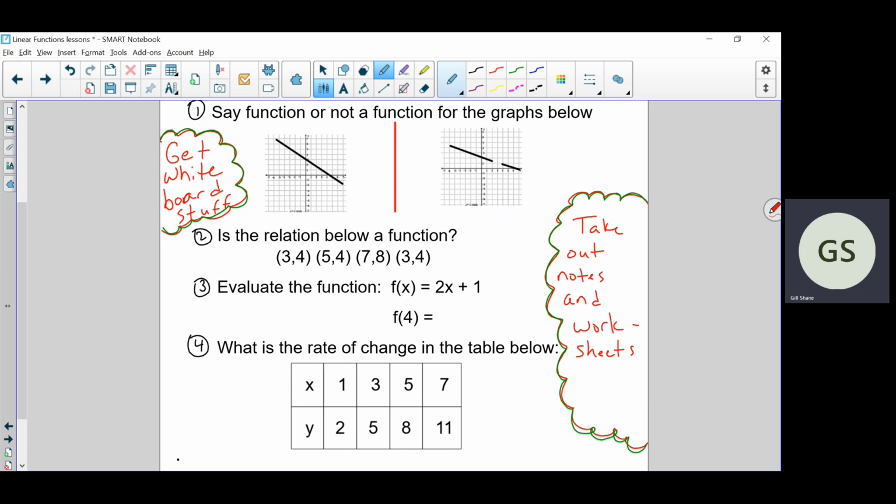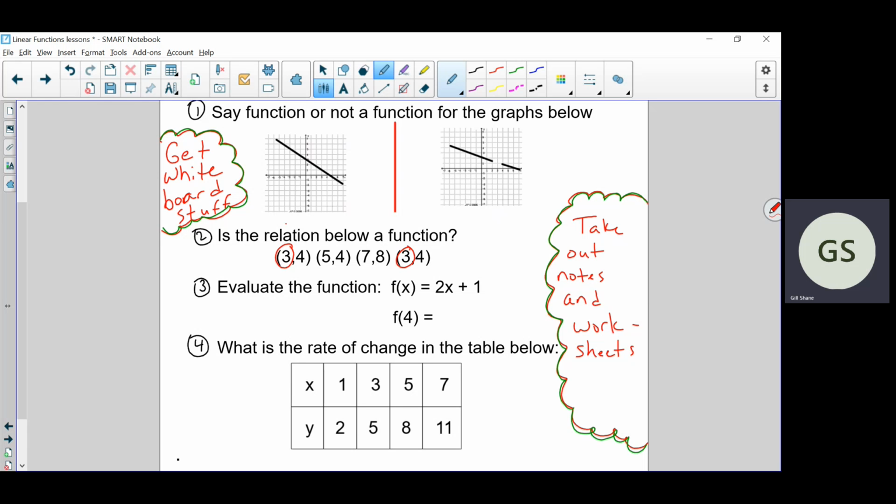Here we do have x values that repeat, so I need to go to the second question. Again, if they don't repeat, it's automatically a function. You're done. Move to the next question in this quiz. If they do repeat, I need to ask a second question: are the y's the same? Do I have the same y value, just for the x value that repeats? I'm not worried about the other ones.